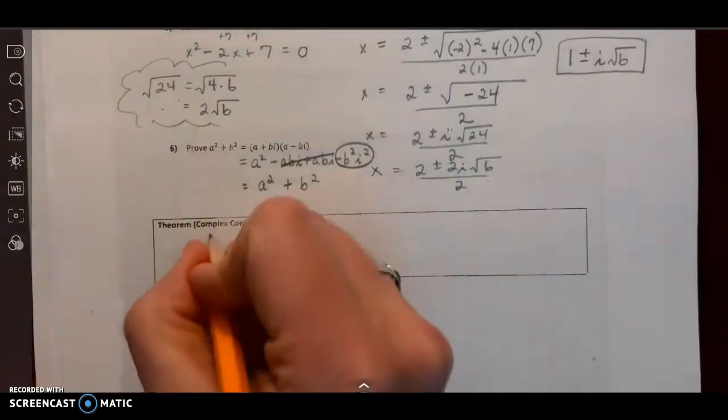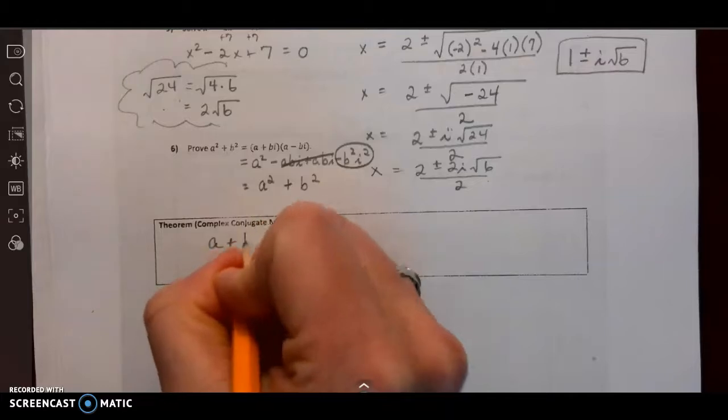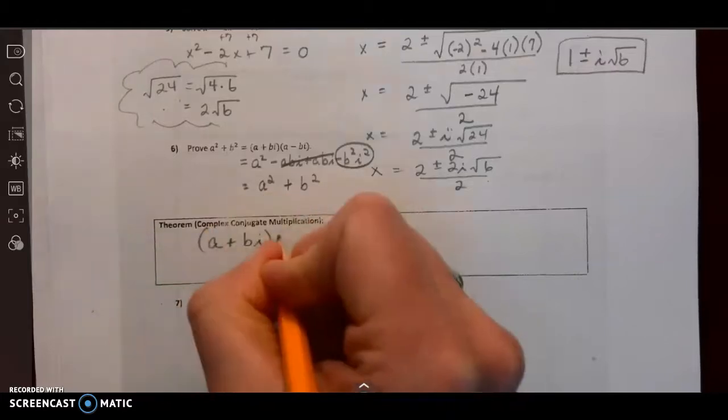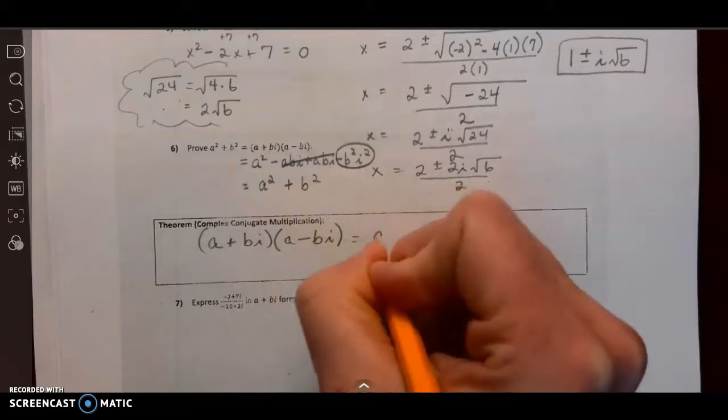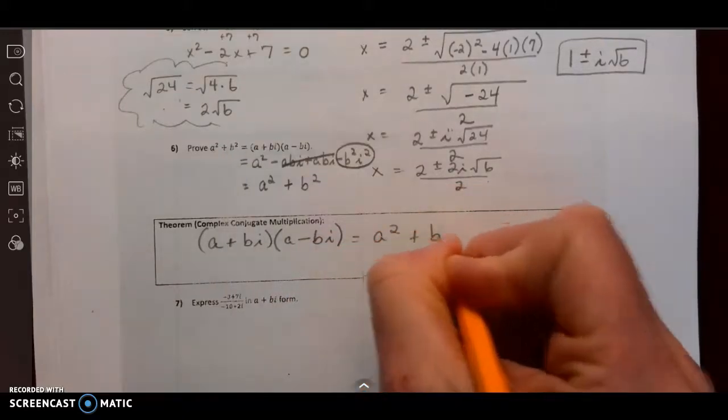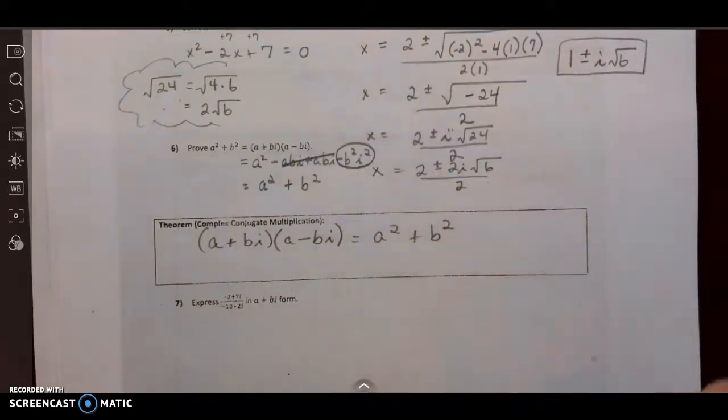The complex conjugate multiplication theorem says that a plus bi times a minus bi is always going to equal a squared plus b squared. I'll give you an example.